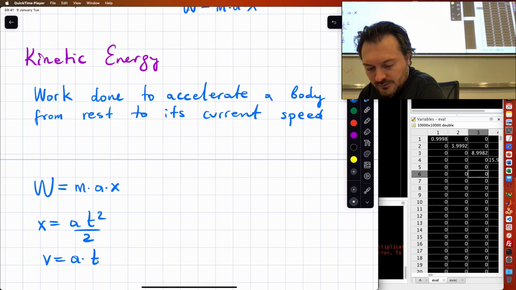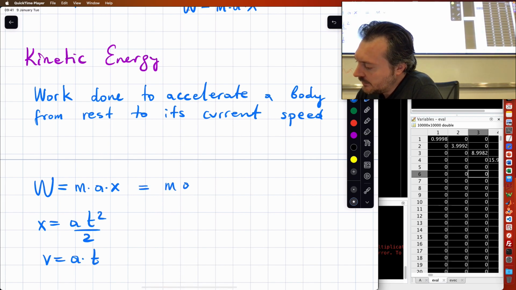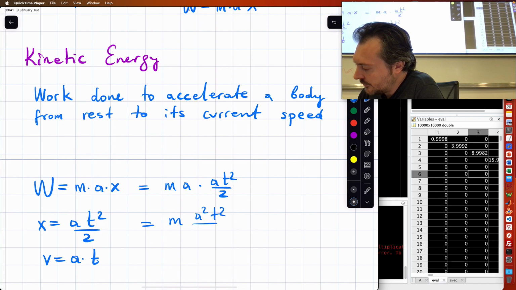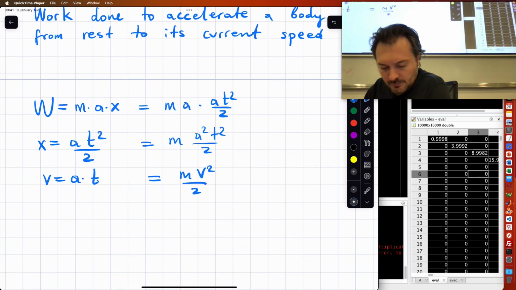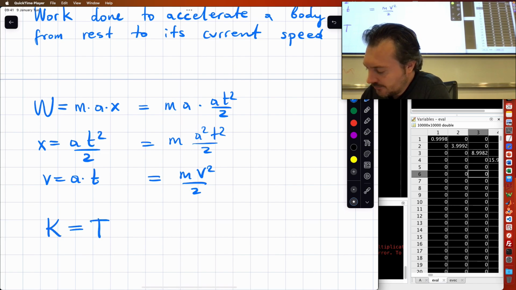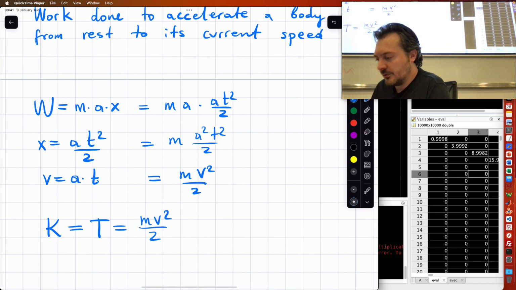So let's put it together. ma times at squared over 2, which is ma squared t squared over 2, which is mv squared over 2. So we will show kinetic energy as k, maybe as t. So it depends on our mood. It's mv squared over 2.